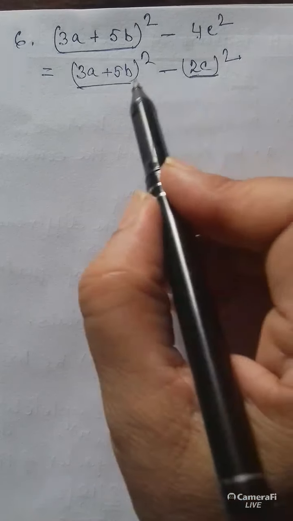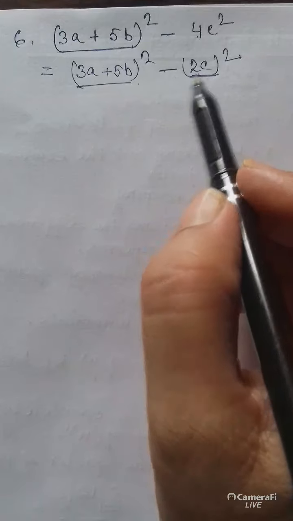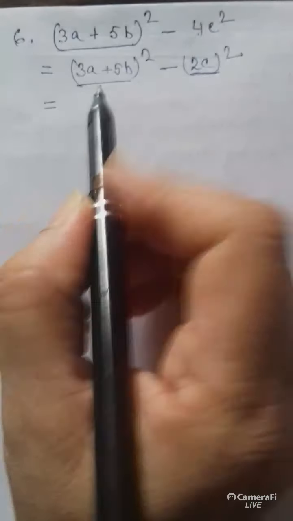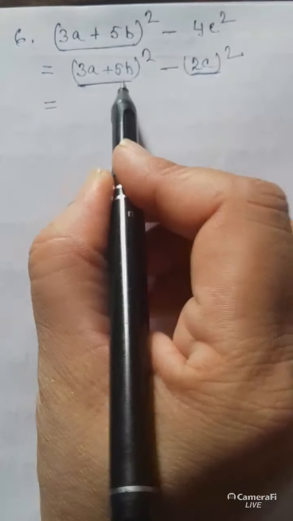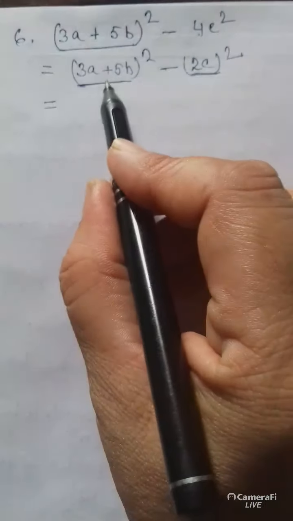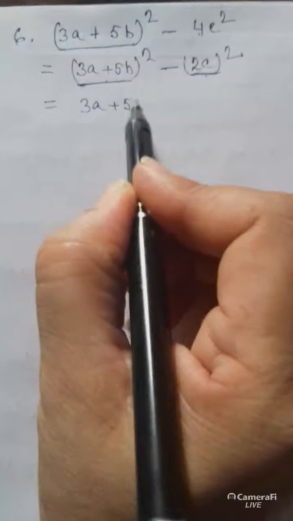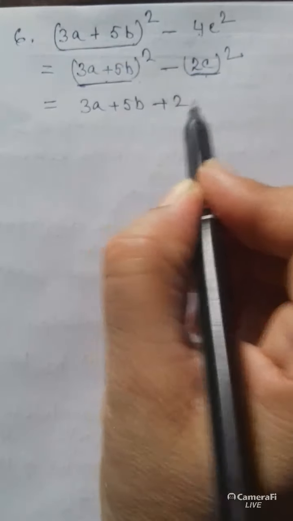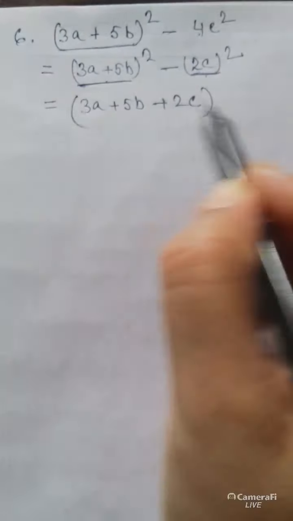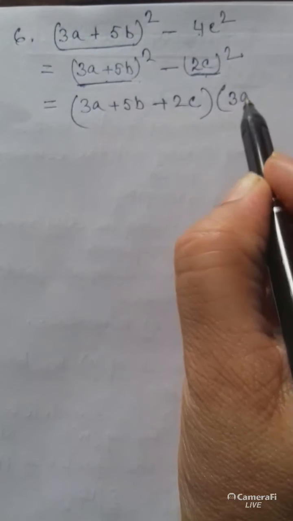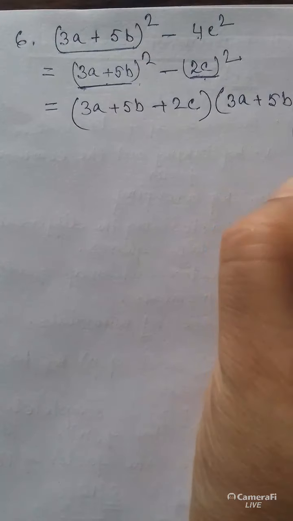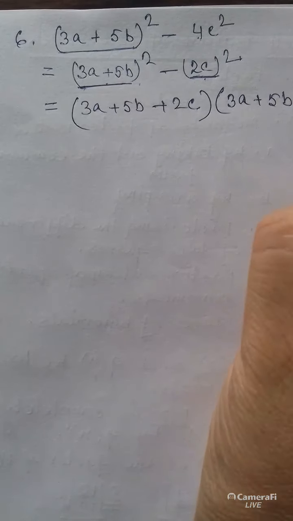Then this term is A square and this is B square. So what is the formula of a square minus b square? a plus b into a minus b. So students, if it is A and it is B, then A plus B, where A means 3a plus 5b, gives 3a plus 5b plus 2c and 3a plus 5b minus 2c.